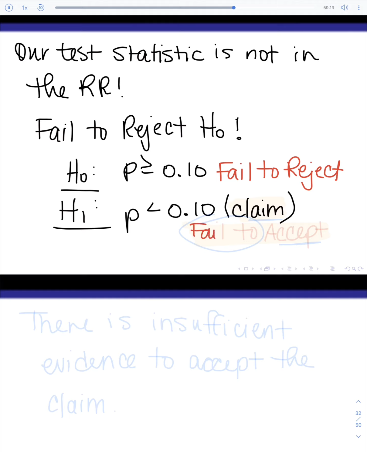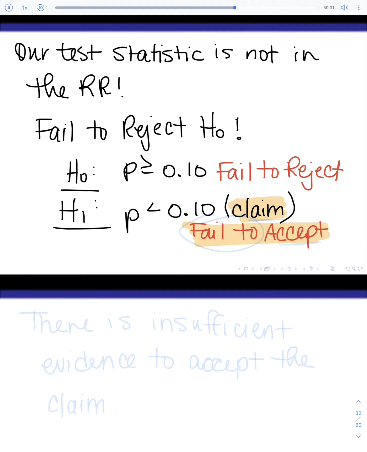We'll fail to accept the H1. Again, just like before, there's only one of these that we care about, and we only care about the one where the claim is, which is the one that we're failing to accept.